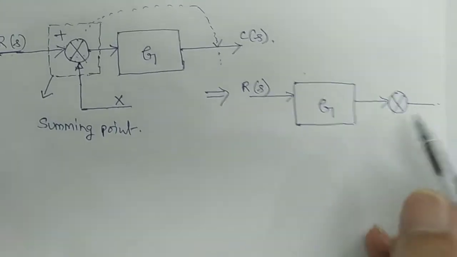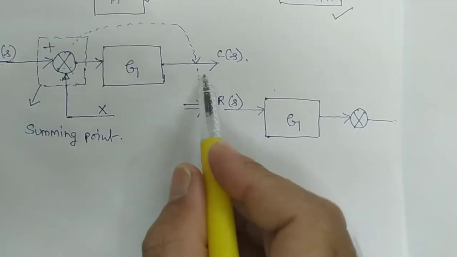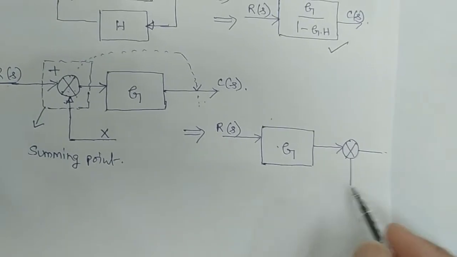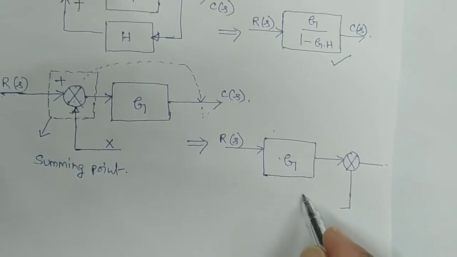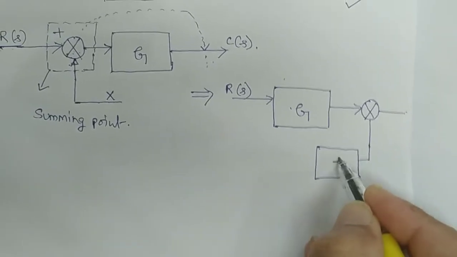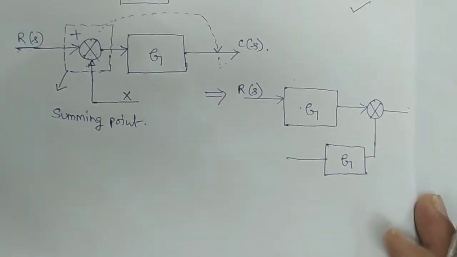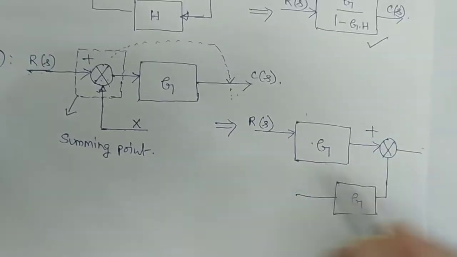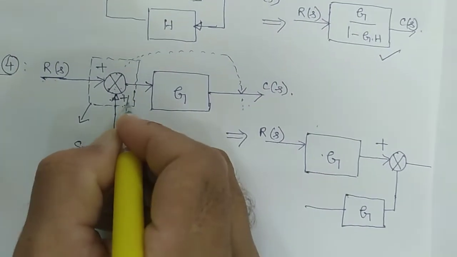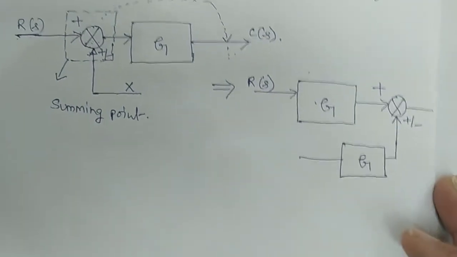If you put the summing point after the block, the same G comes here. Just remember that. It could be either plus or minus, whatever it is, no problem.